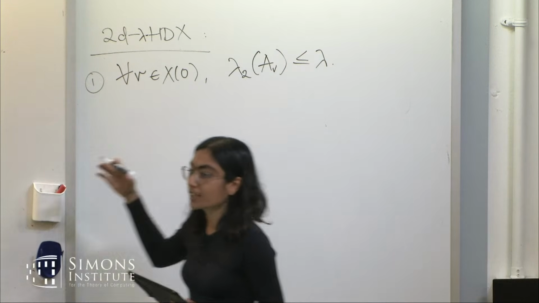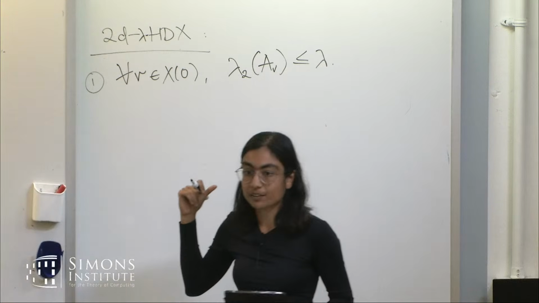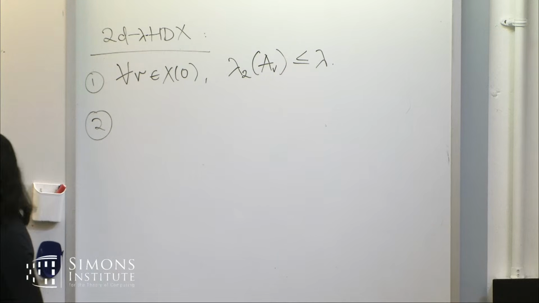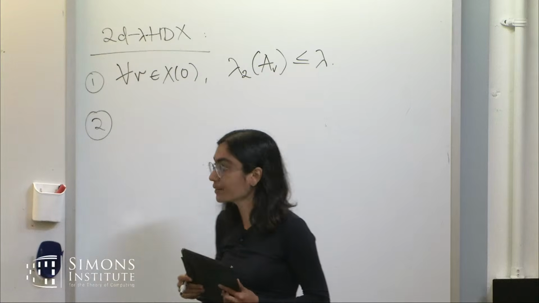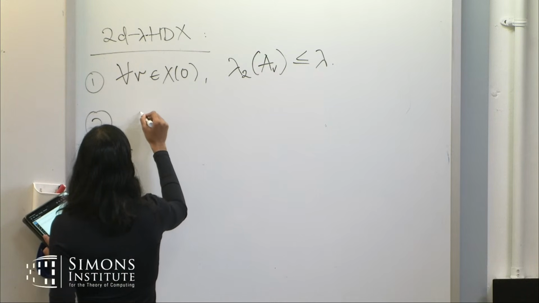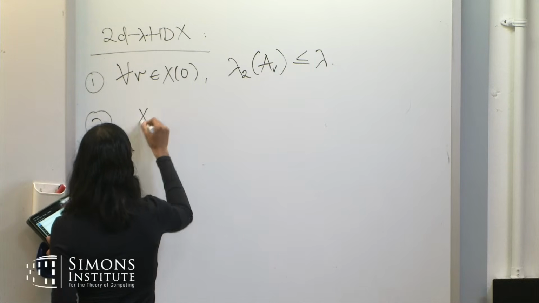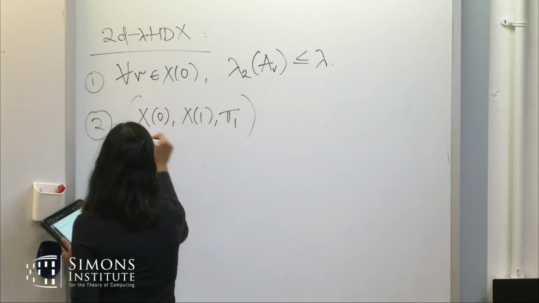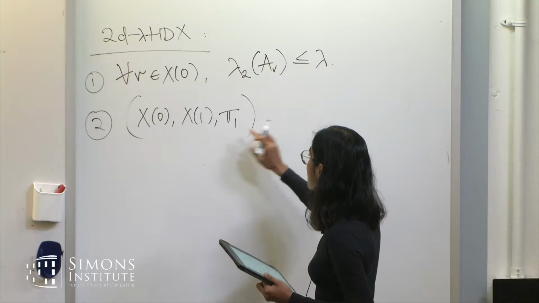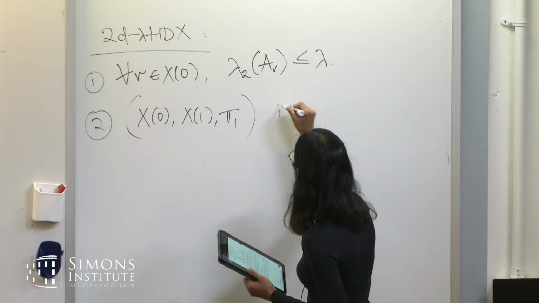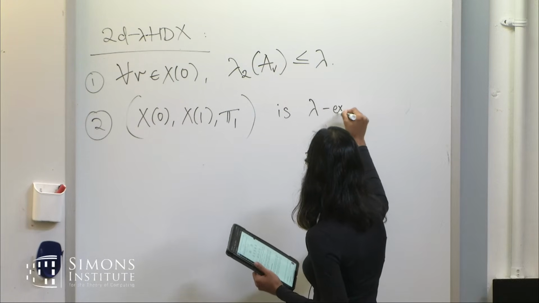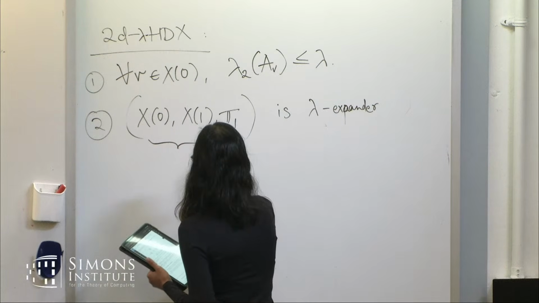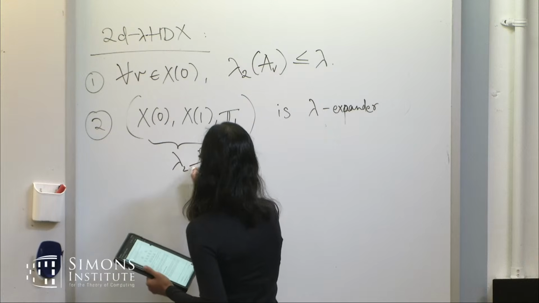This is like saying all the vertex links, the graphs in them, are expanders. And finally, we want the base graph of the whole complex to be an expander. So the graph X_0, X_1, vertices and edges, with respect to the distribution pi1 over edges, is a lambda expander. We'll call the adjacency matrix of this A. So lambda_2 of A is at most lambda.